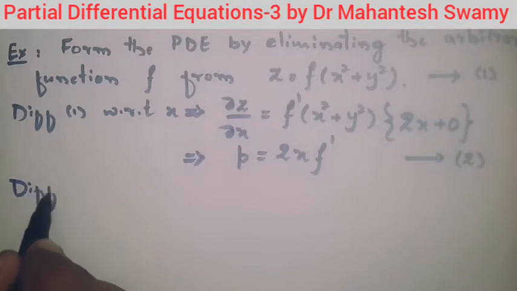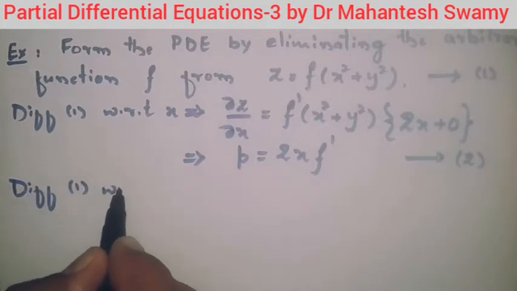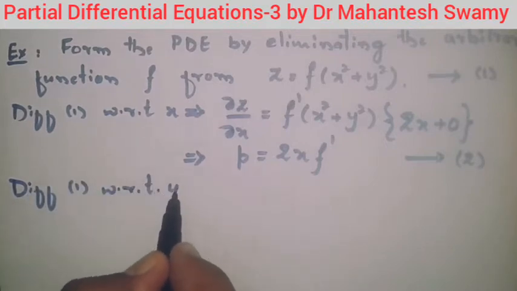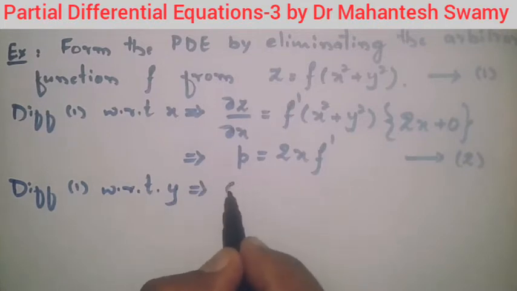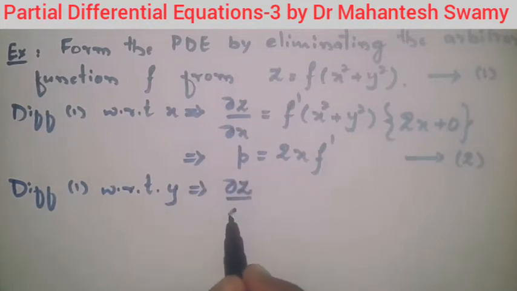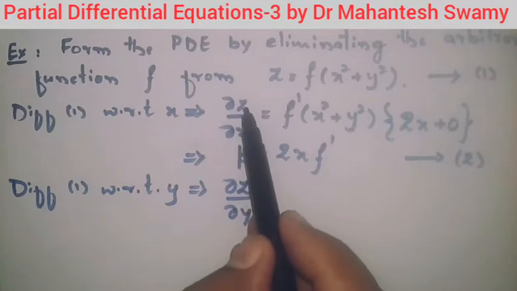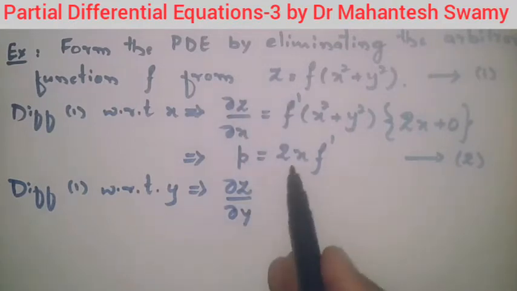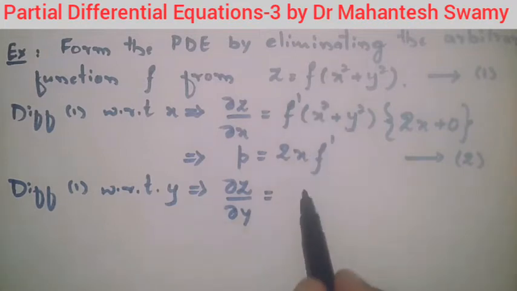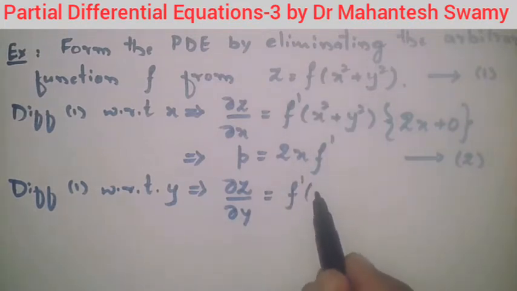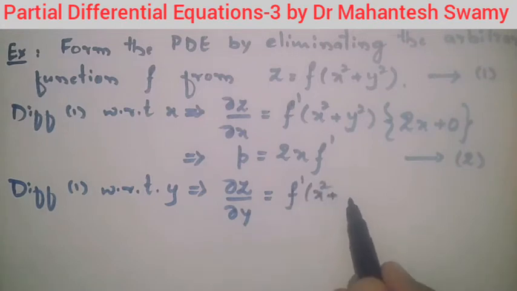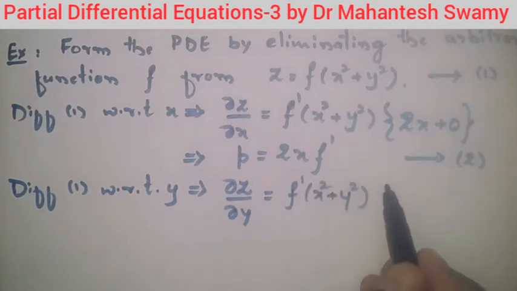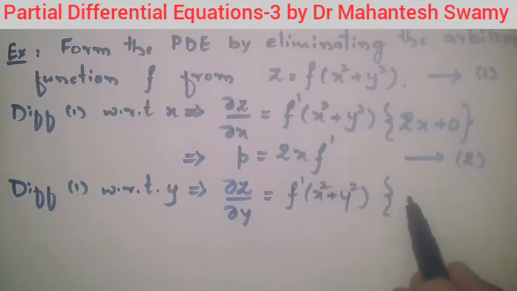When we differentiate 1 with respect to y, the resultant equation will be dou z by dou y, since z is there in equation number 1. Its derivative will be dou z by dou y equals f dash, with argument x square plus y square as it is, into the differentiation of that argument, that is 2y.